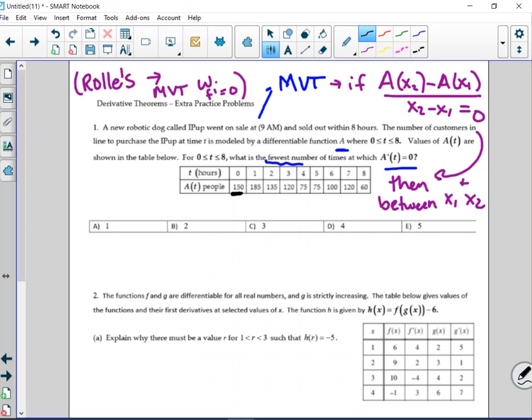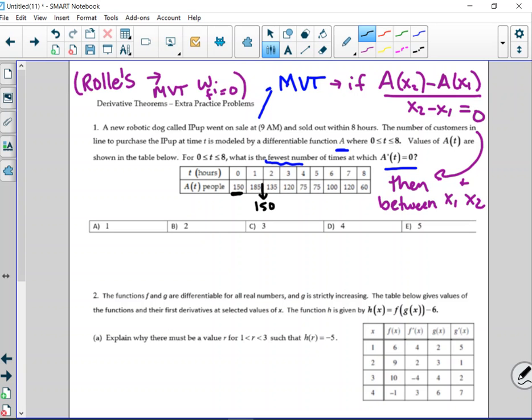Here's the fun question. It goes from 150 to 185, and then from 185 to 135. Now, I don't know how many times it jumps up and down between 0 and 1 and 1 and 2. It could be a lot. If I think about this, the easiest possible scenario is it goes directly from 150 to 185, and then from 185 to 135, which means somewhere in here, I must hit 150.